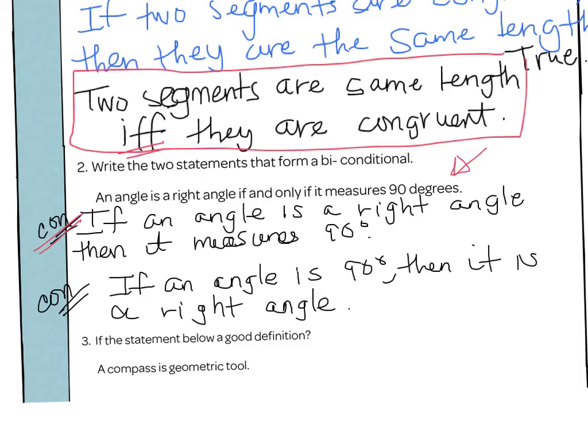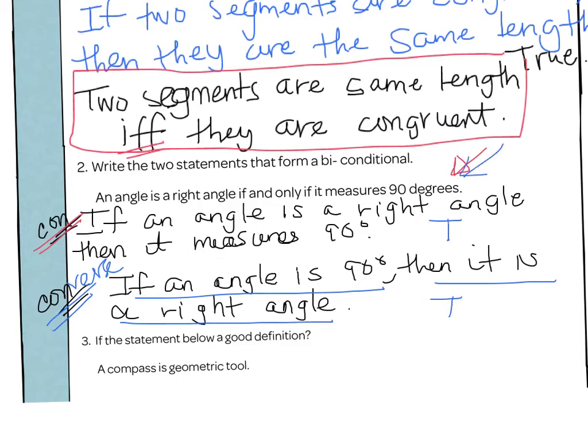The first one is, if an angle is a right angle, then it measures 90 degrees. The second statement is the converse. Remember, we take the hypothesis and conclusion and switch them, flip them. So this one says, if an angle is 90 degrees, then it is a right angle. These two statements are both true. That's why we were able to write this biconditional.